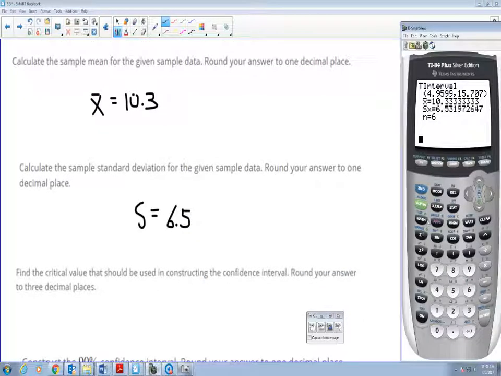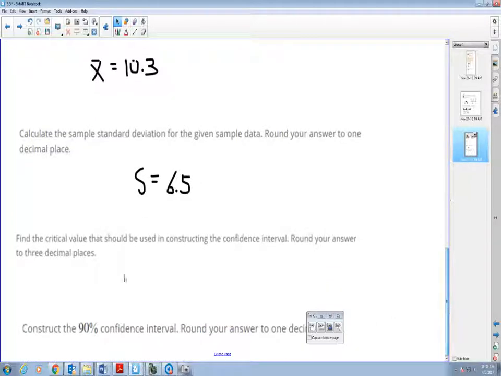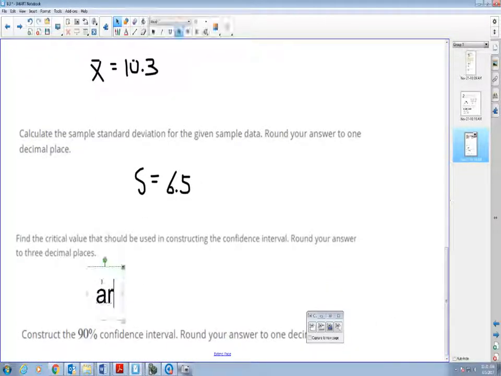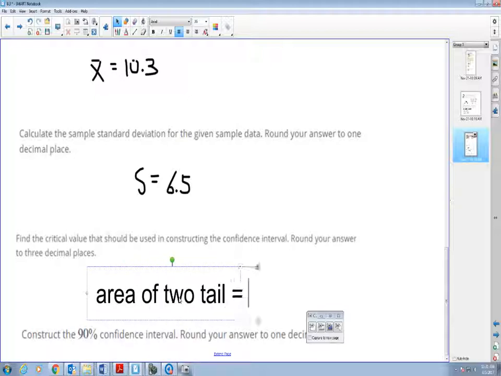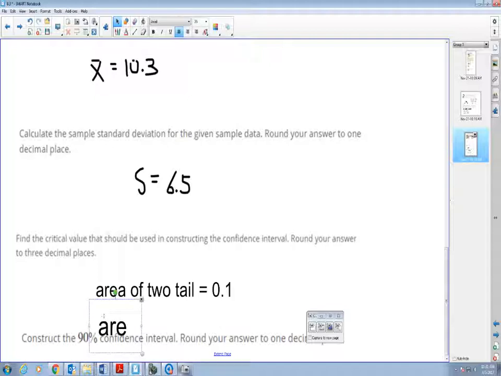Now find the critical value. I have to do this one by hand. I'm doing a 90% confidence level. If I'm doing 90% in the middle, that means the area of the two tails has to be 0.1, and the area of one tail, or the area to the left, has to be 0.05.